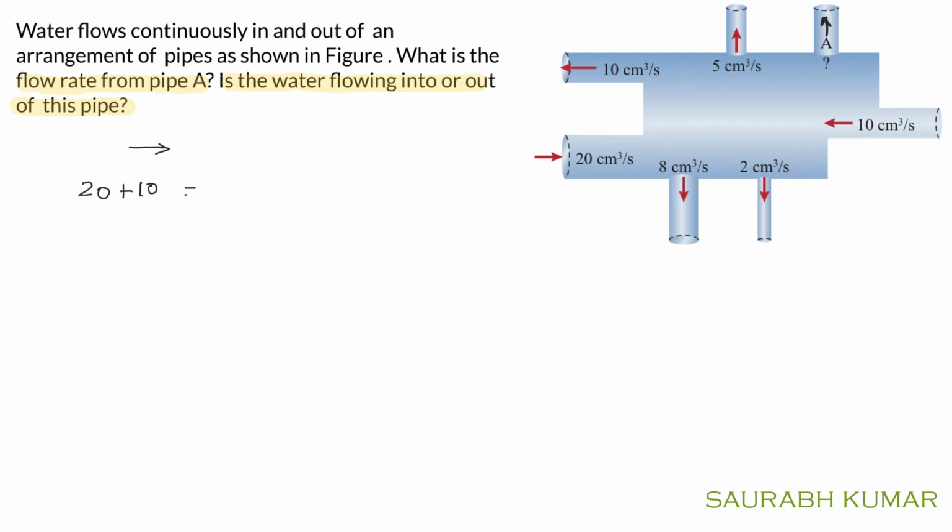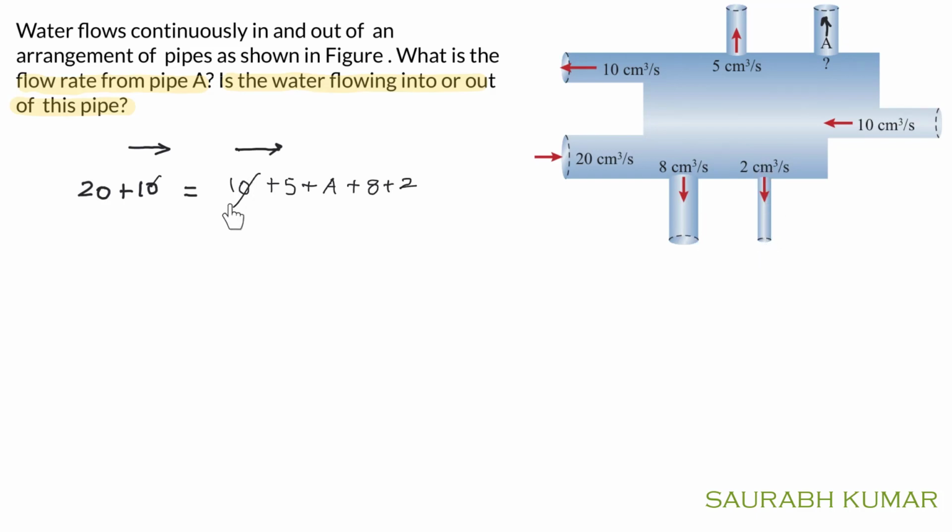Now this must equal the water that is exiting: 10 centimeter cube per second plus 5 plus, suppose the flow rate at A, let us write that as A, plus 8 plus 2.